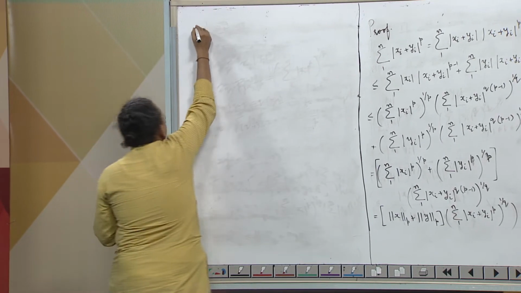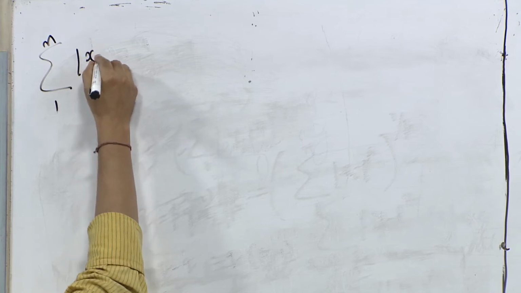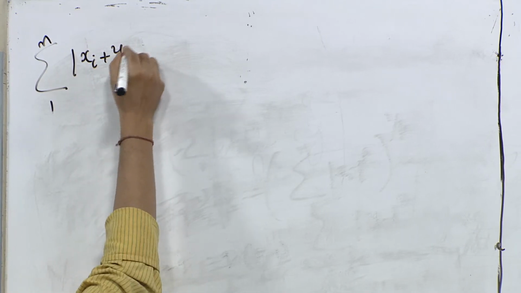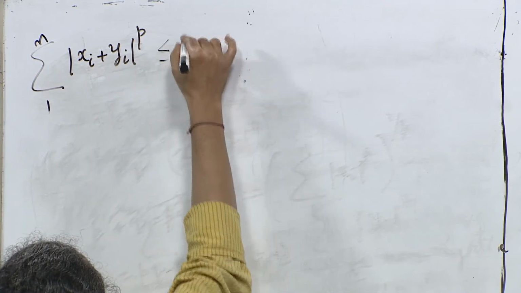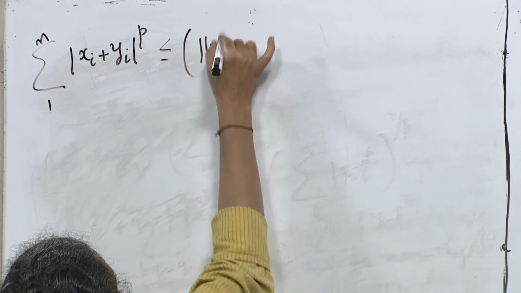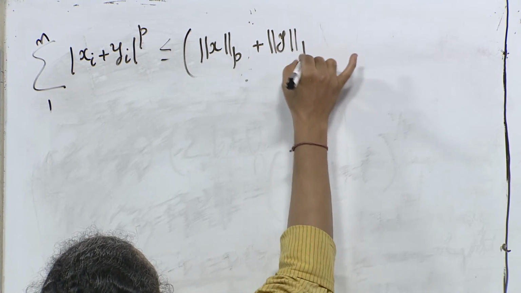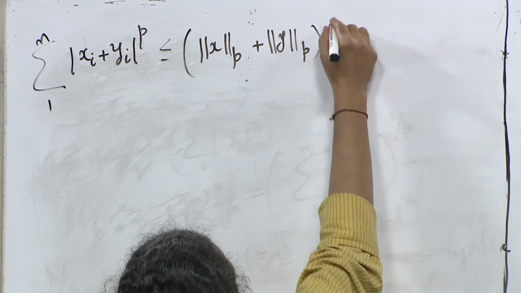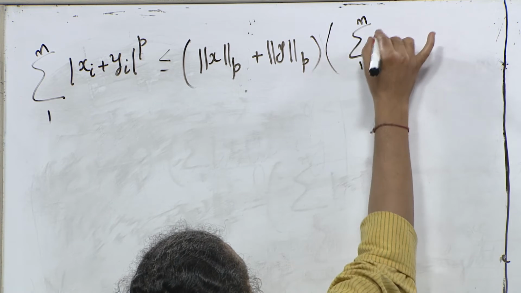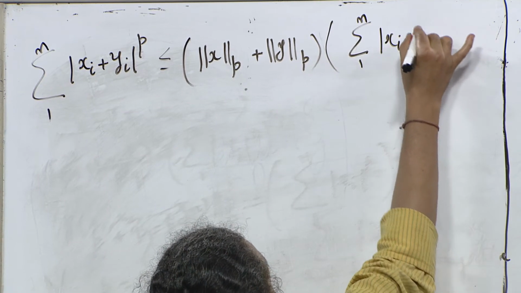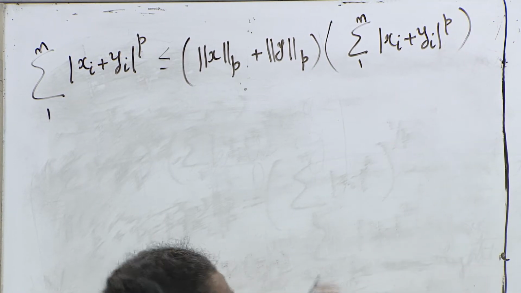We started with summation 1 to n mod xi plus yi raised to the power p, and we observed that this is less than or equal to p norm of x plus p norm of y, times the same thing, summation 1 to n mod xi plus yi raised to the power p, but here the whole thing raised to the power 1 by q.